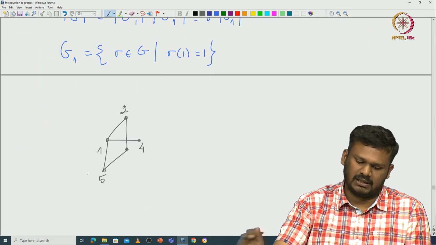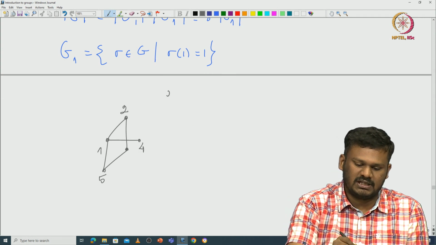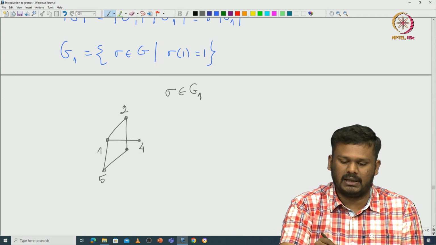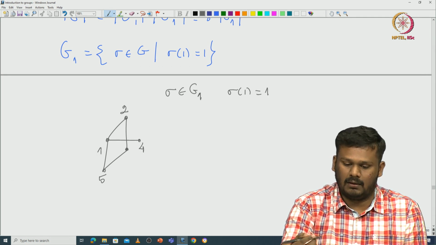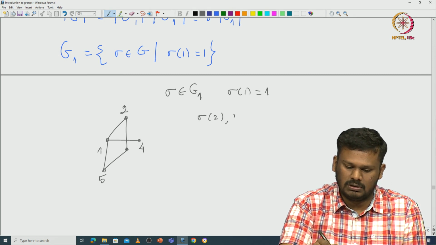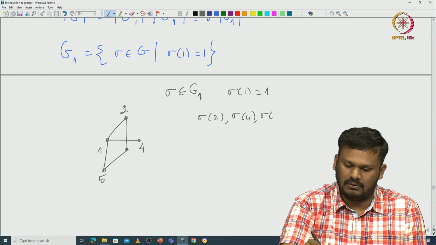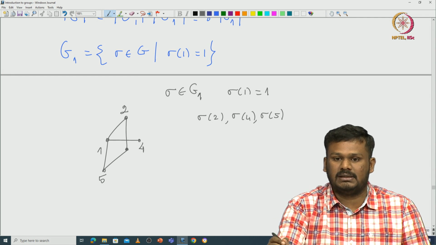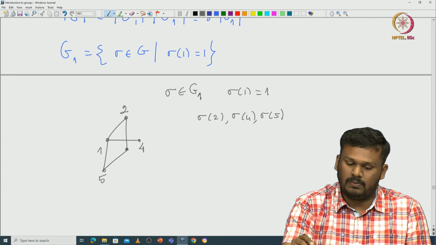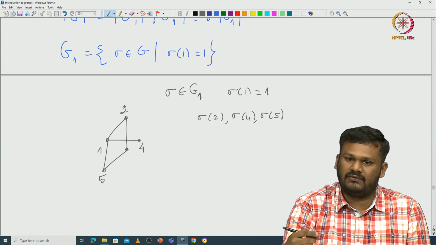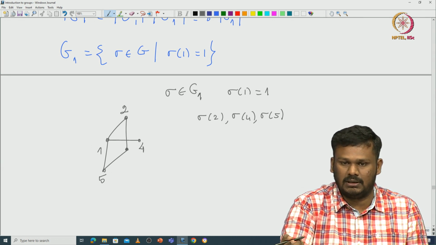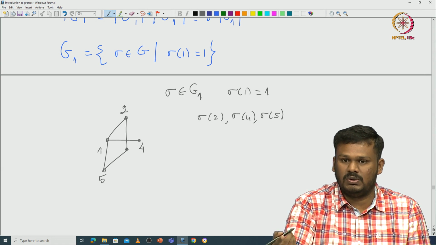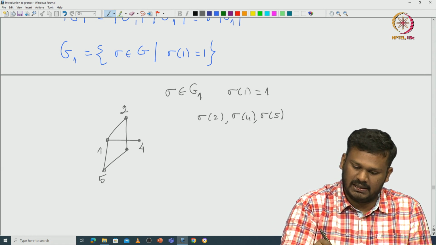If you take, for example, some sigma in G1, then we know that sigma of 1 is 1. So, what about sigma of 2? If you take sigma of 2, sigma of 4, sigma of 5, what properties should these vertices have? They all should be connected with 1, because 1 is connected with 2. So, sigma of 1 should be connected with sigma of 2, and sigma of 1 is 1. So, sigma of 2 is connected with 1.